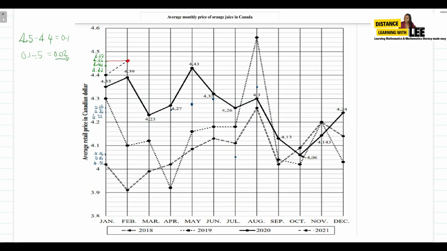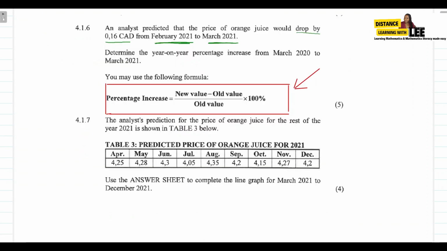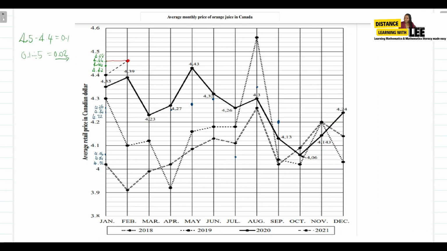September 4.2 is there. October 4.15. 4.1, 4.12, 4.14, 4.15 is somewhere there. Okay.